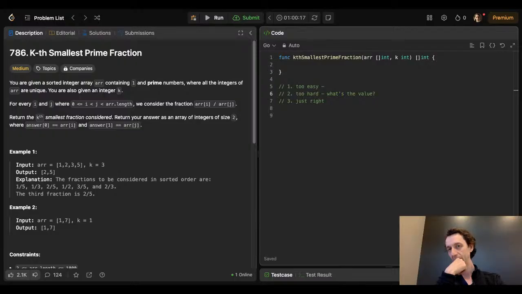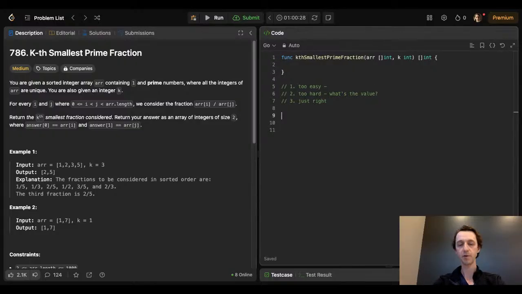But the thing is priority, because right now I have a couple of areas, like binary search. What else?